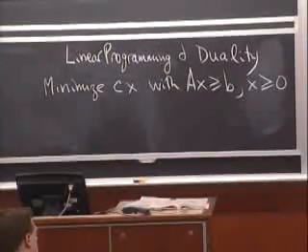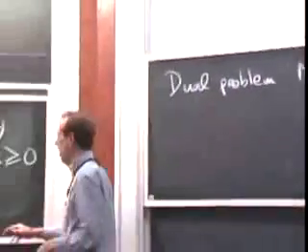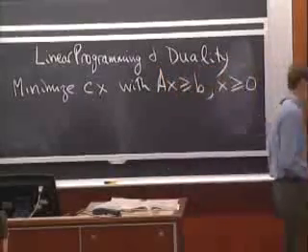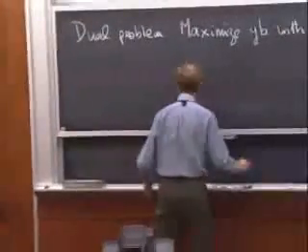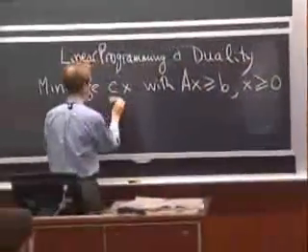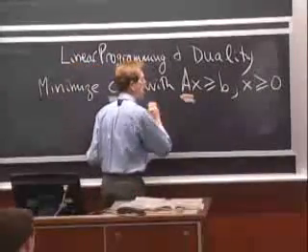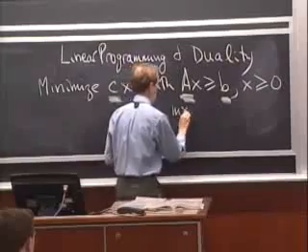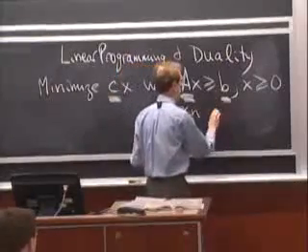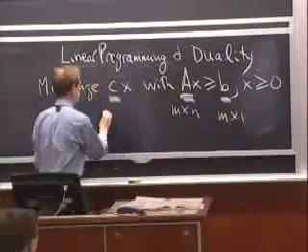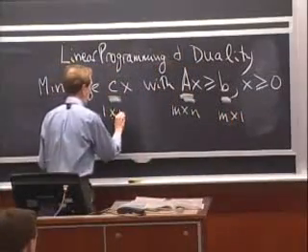So let me indicate what the shapes are. The inputs, the data of the problem, are C and A, an m by n matrix, and B. So A is m by n, B is m by 1, it's the right-hand side, and C is 1 by n.